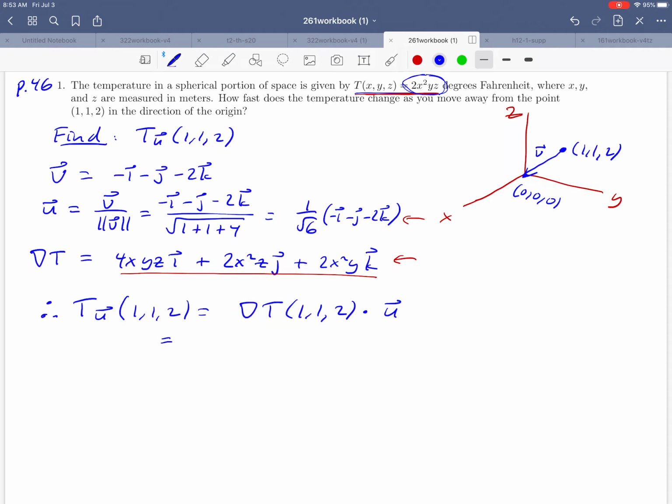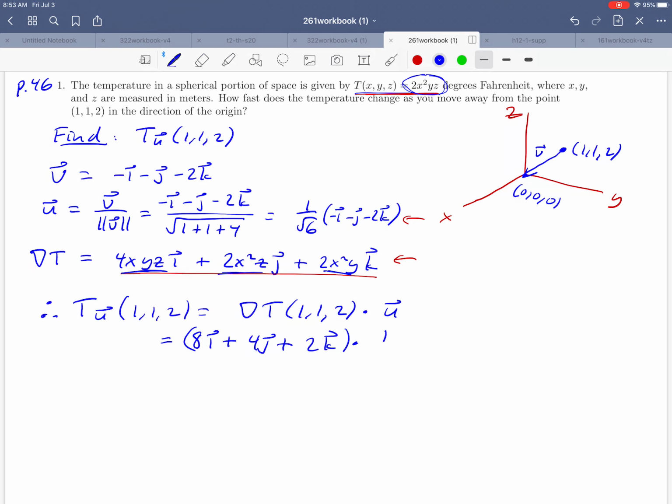We'd have 4 times 1 times 1 times 2 in the first coordinate. That's 8i. The second component, 2x squared is 2 times 1 squared times 2. That gives us 4j. And the third component is 2 times 1 squared times 1, which is 2k.